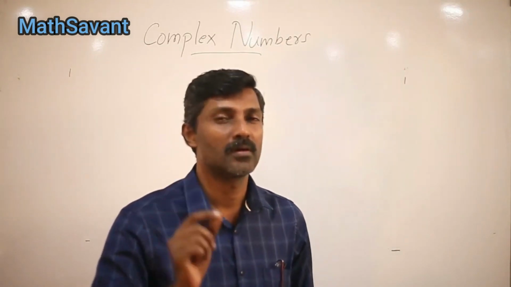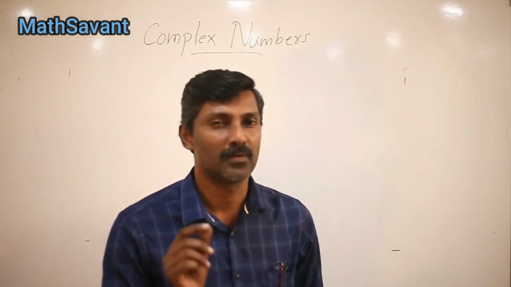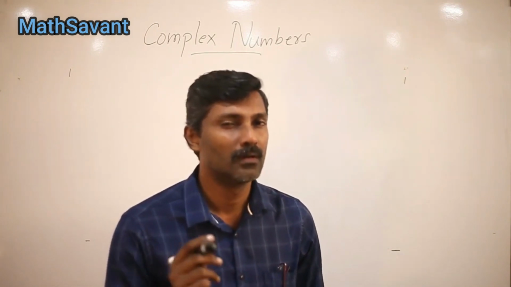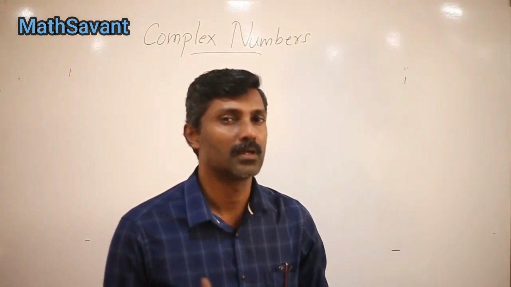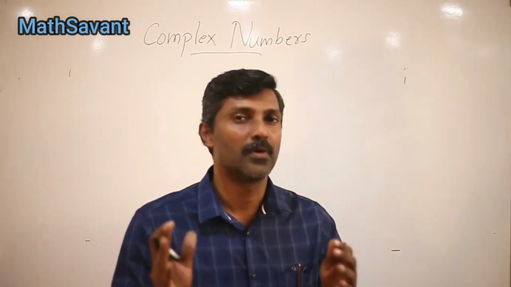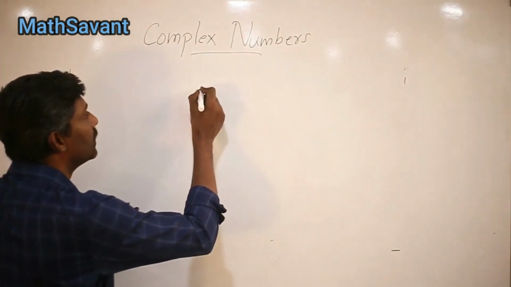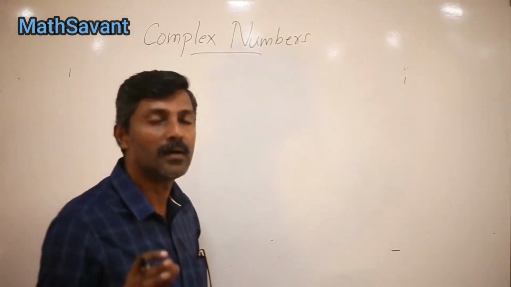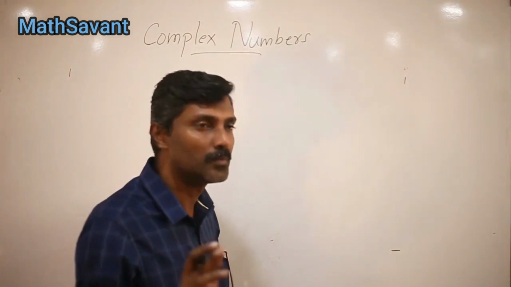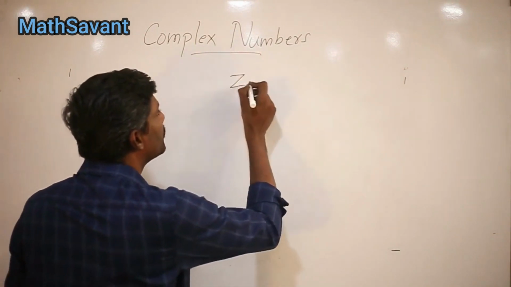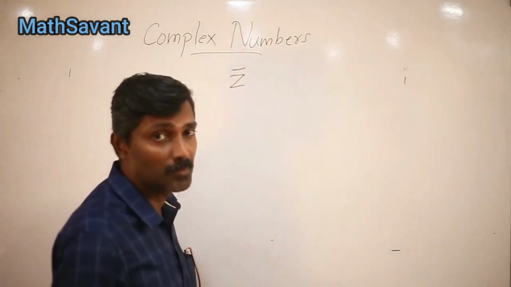Now a very important thing that you need to learn, a very important formula, I would say, a very important thing you need to memorize. It's very important when you do the problems in complex numbers. Okay, let's see what it is. We have told you that the conjugate of a complex number z is z bar, right?